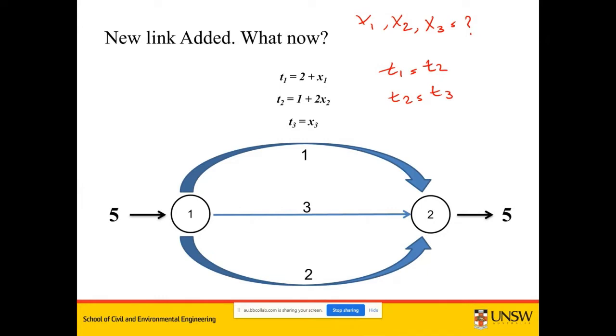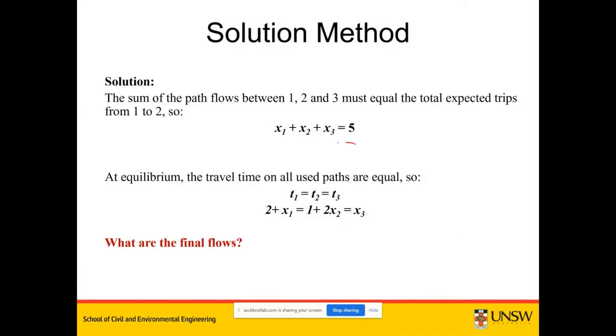Then my demand conservation equation would be x1 plus x2 plus x3 must be equal to 5. Now I have three equations and three unknowns, and if I can simultaneously solve these three equations and get the answers, right? So again, that would be my demand conservation, and T1 equal T2 and T1 equal T3.